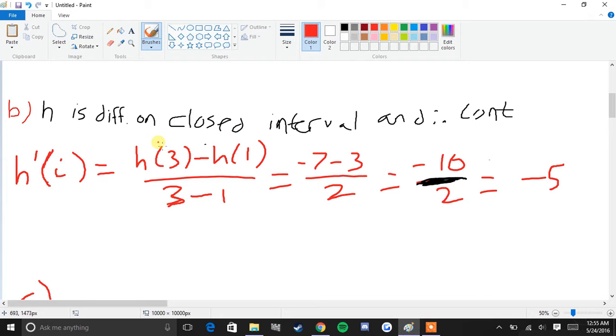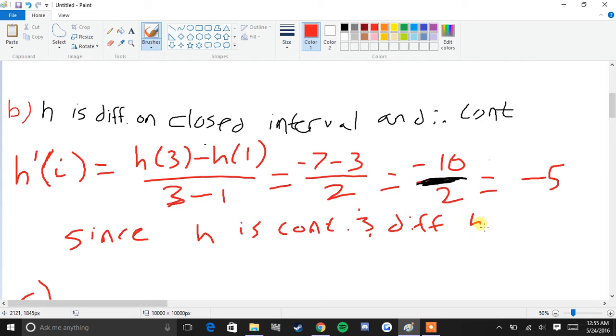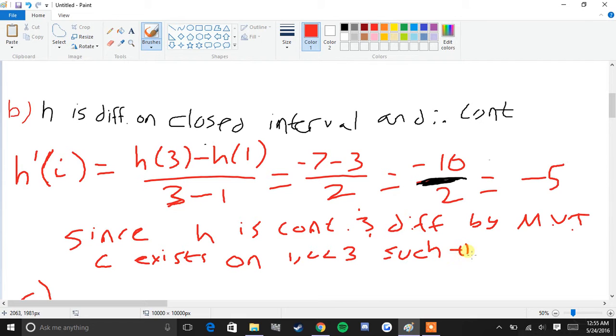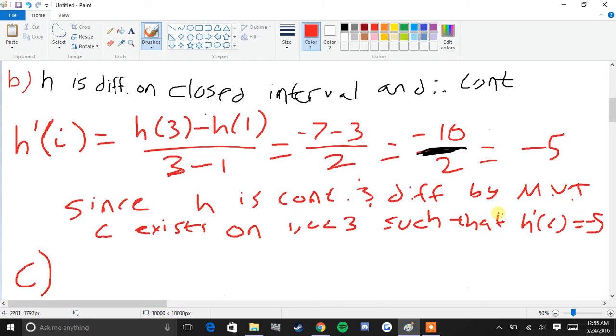Since h is continuous and it's differentiable, by the mean value theorem, c exists, with 1 less than c less than 3, such that h prime of c equals -5. So that is part B of the problem. We're going to go ahead and move on to part C.